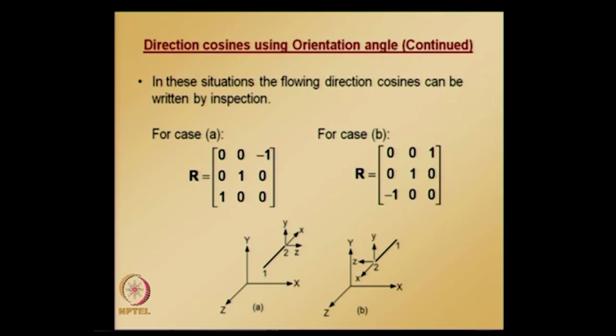So, what we have seen so far is a case in which the local y axis is in the same plane as global xy, or the local y axis is in the global xy plane.